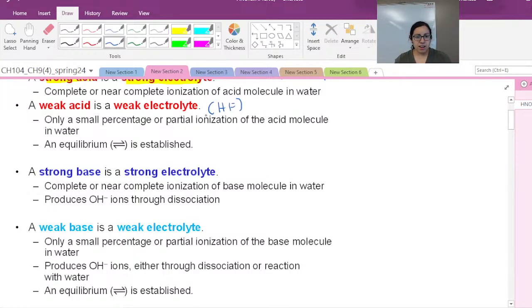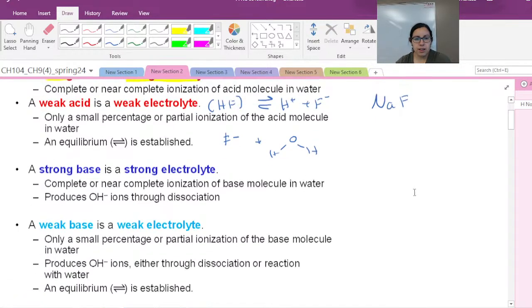That being said, HF is still considered a weak acid simply because of the equilibrium. And this will come up later as we continue talking about this chapter, but there is a danger in sodium fluoride salts, or if you're potentially making fluoride as a byproduct, because fluoride will react with our water.